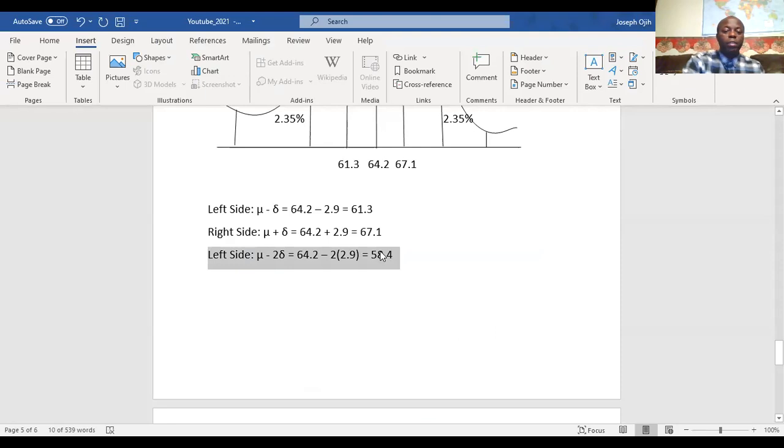So I'm just going to copy it and paste it here, then change it to right side, and then this to plus sign. And then let's see what answer we'll get. I'll take it to decimals.